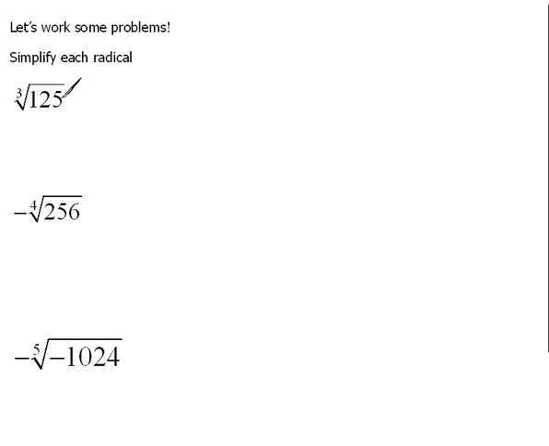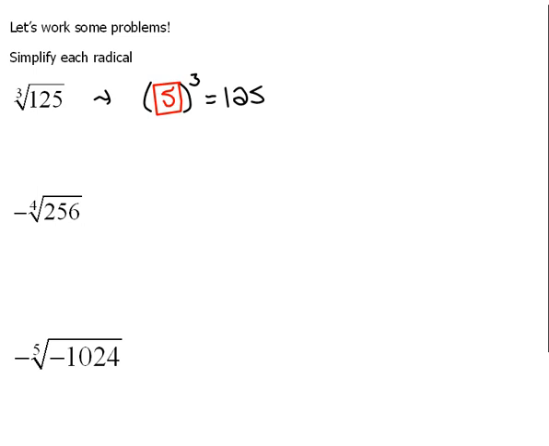Let's think about this in another way. This would be the same thing as saying, what do I have to cube in order to get 125? Same exact thing. Well, then that number we know would be a 5. So our answer, the cube root of 125, is 5.